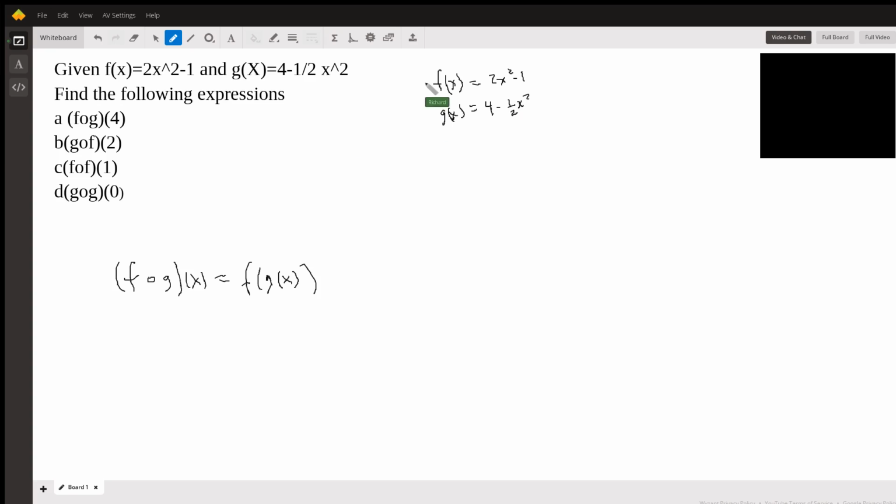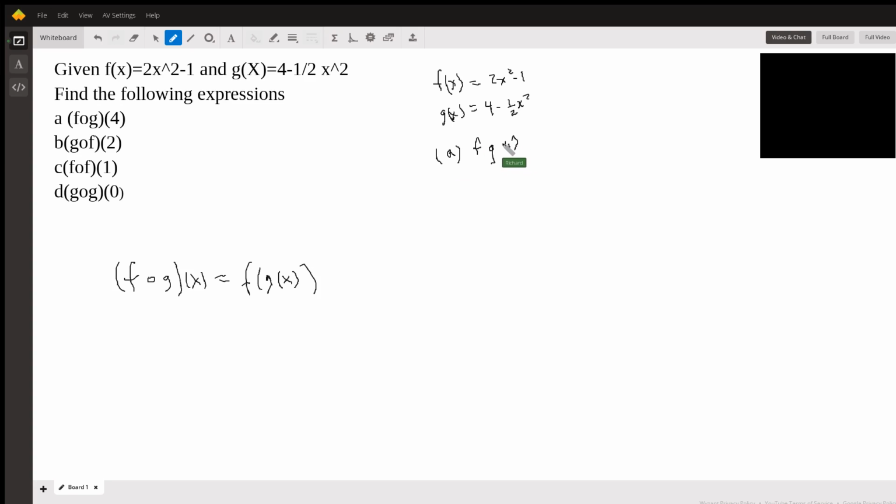These f and g apply to this four-section problem. So we'll start with A here. In part A, they're asking f of g of 4.